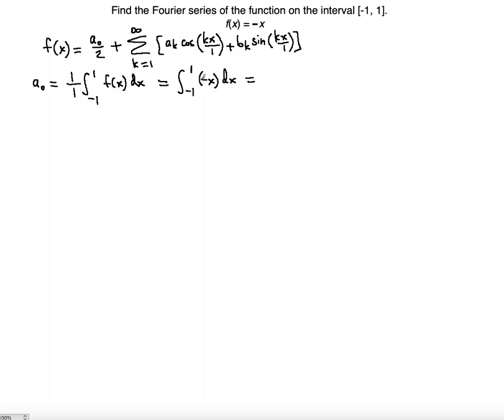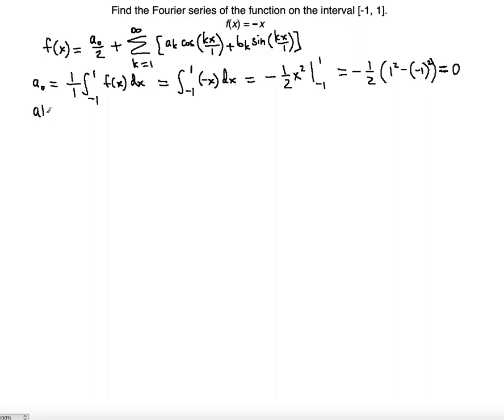The negative sign can be placed on the left, so the negative will remain. Using the power rule, we have 1/2 x squared as the antiderivative from -1 to 1, which is equal to -1/2 times, plugging the upper limit into the x squared and subtracting the lower limit, 1 squared minus -1 squared, which gives you 0.